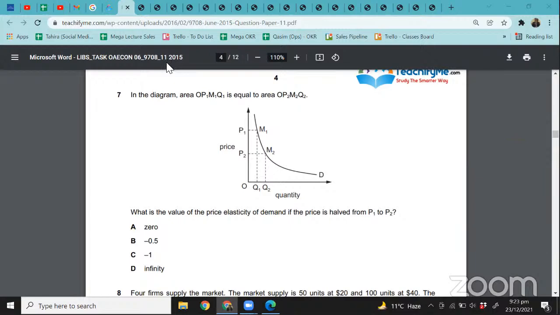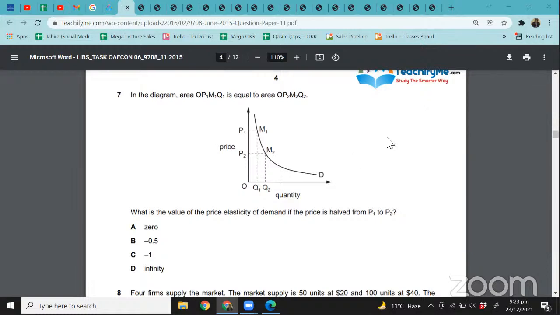In the diagram, area OP1M1Q1 is equal to the area OP2M2Q2. What is the value of the price elasticity of demand if the price is halved from P1 to P2? Think about it.